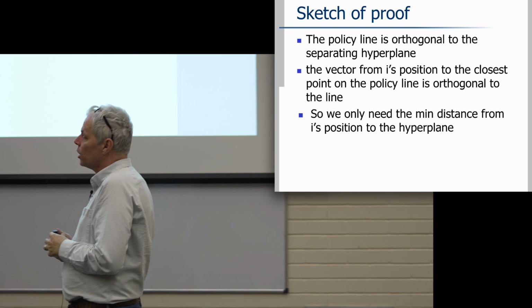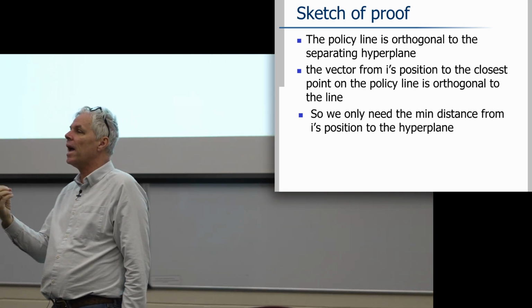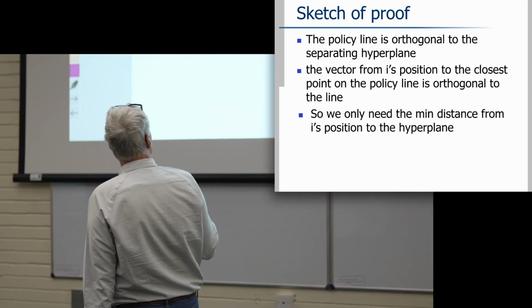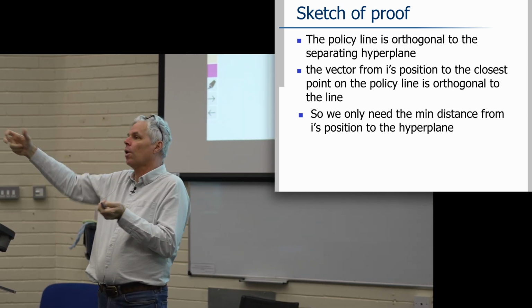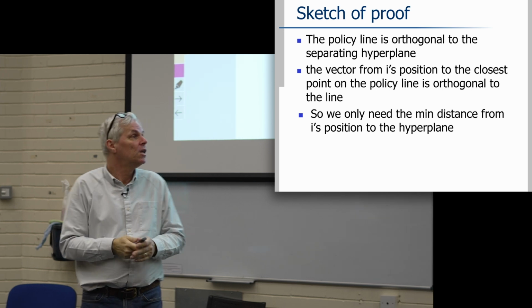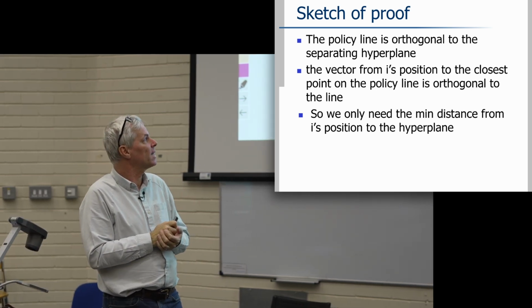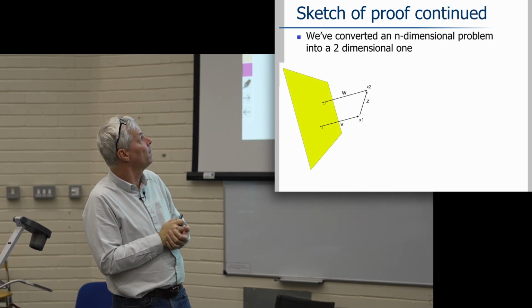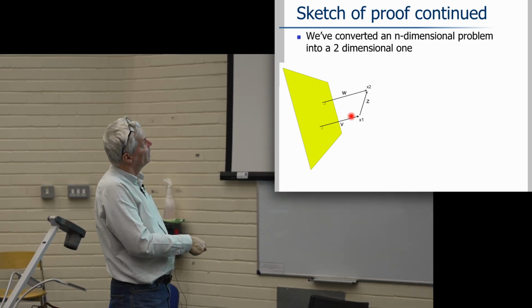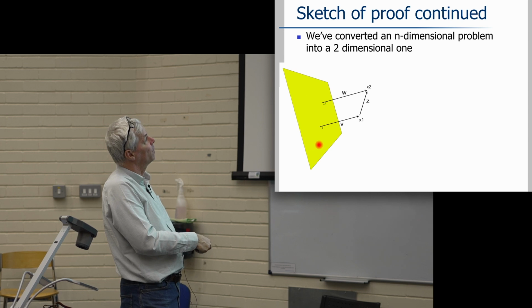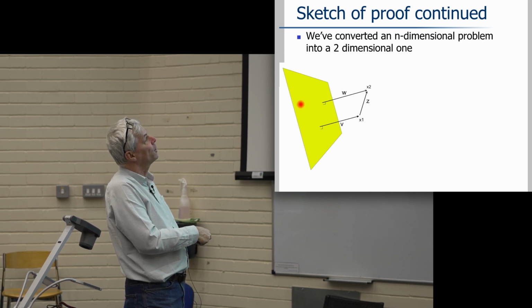So all we need to show is that the place where you're at is getting farther from the hyperplane, to show where you are on the policy line. So we just need to show that you're going farther from this hyperplane, where people are indifferent. Here, I've got a hyperplane. I know it's 3D and all that, but this is the separating hyperplane. This is saying all the people on this are indifferent.